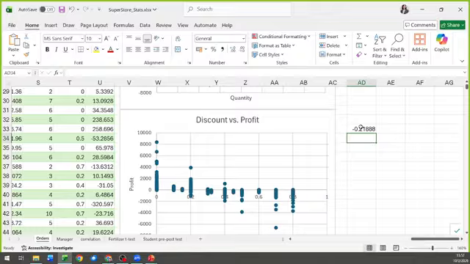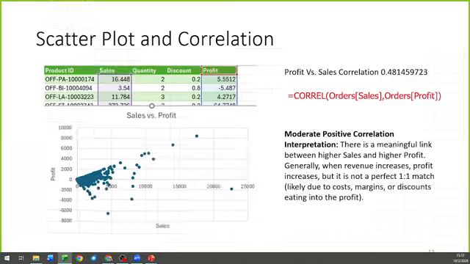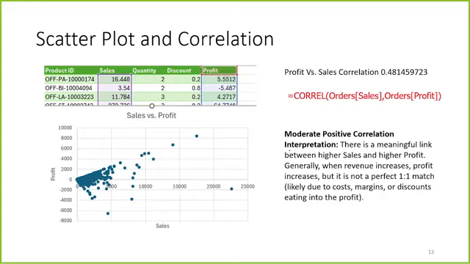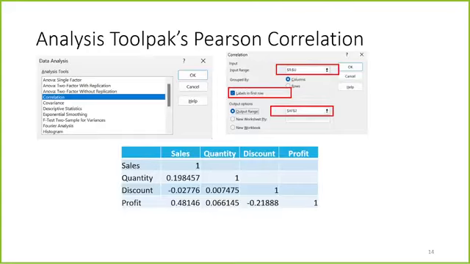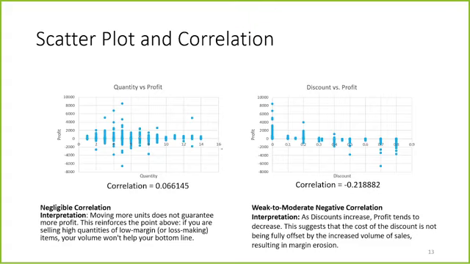Oh, it's negatively correlated but very weak, right? Minus 0.21. So let's see the interpretation. For this pair, you can see from the scatter plot that it's uncorrelated, because a higher quantity doesn't mean higher profit, right?